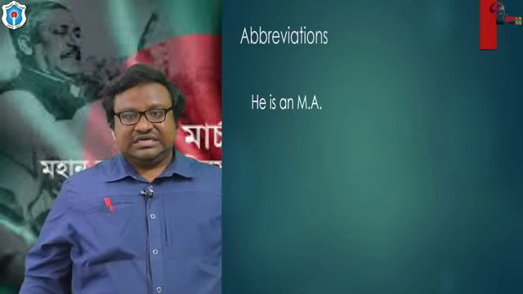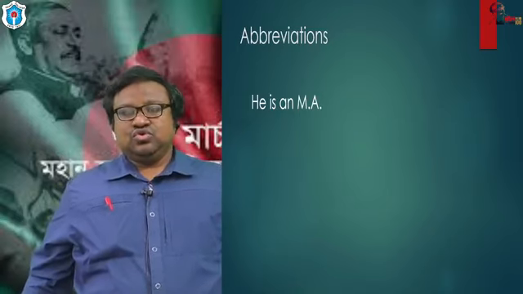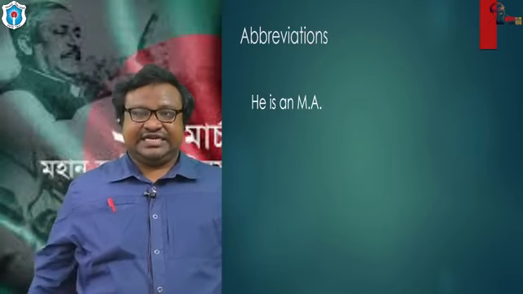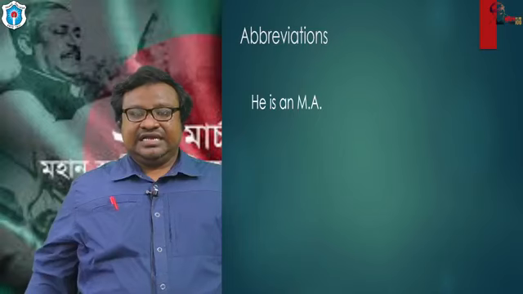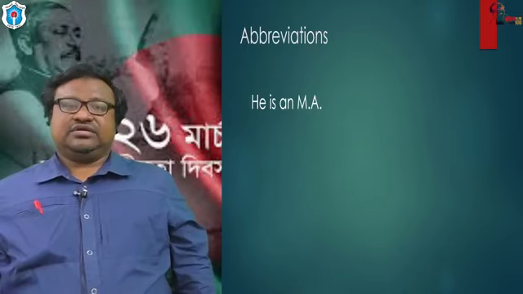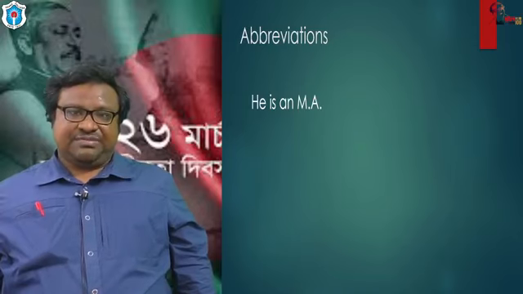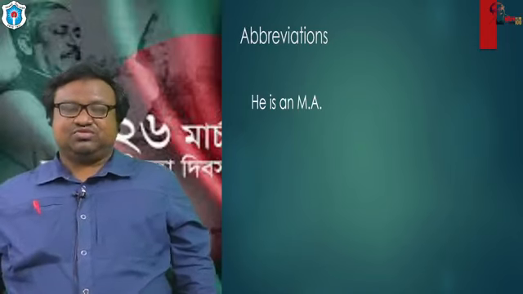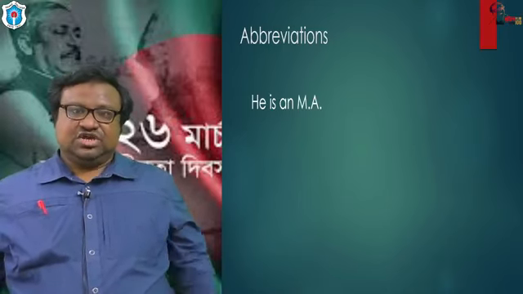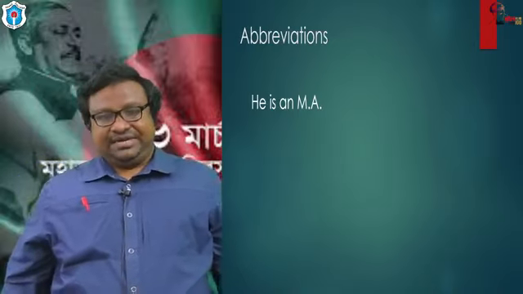From the words regarding degrees like MA, MBA, to the abbreviations of many organizations like NSI, the National Security Intelligence, the National Intelligence Service of our country, or DGFI, the Army Intelligence Service, or CIA, the Security Agency of the United States of America. All of these names will be written in capital letters because they are basically abbreviations. So when we are abbreviating anything, ultimately we have to write it in capital.